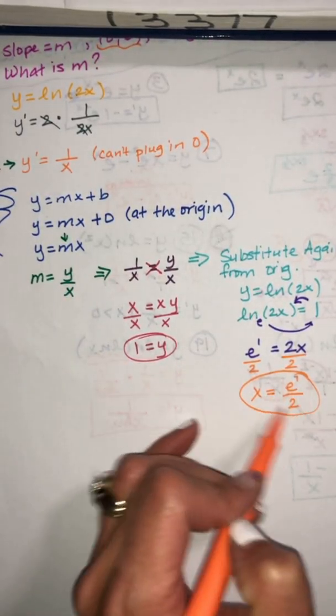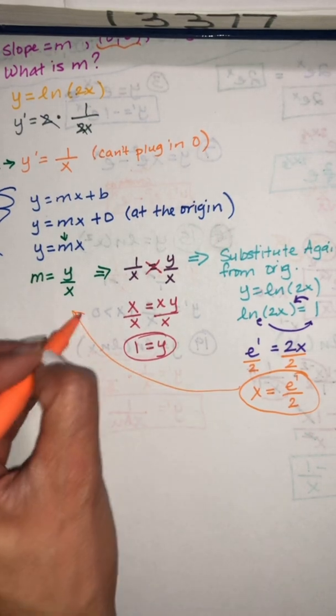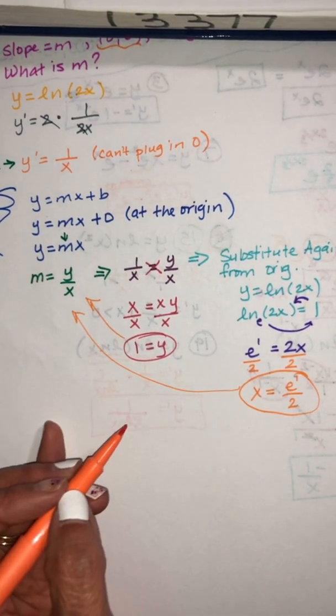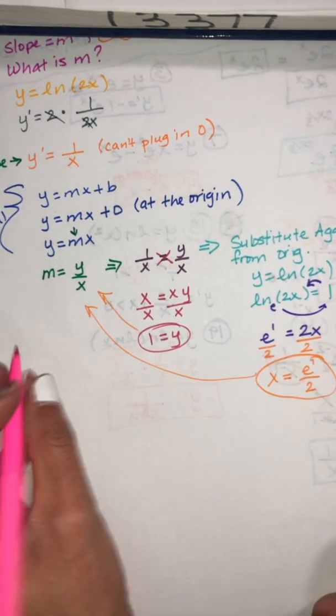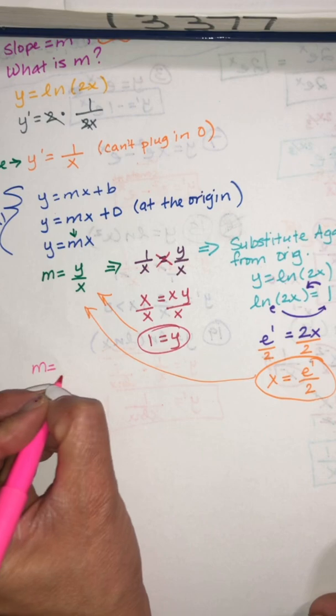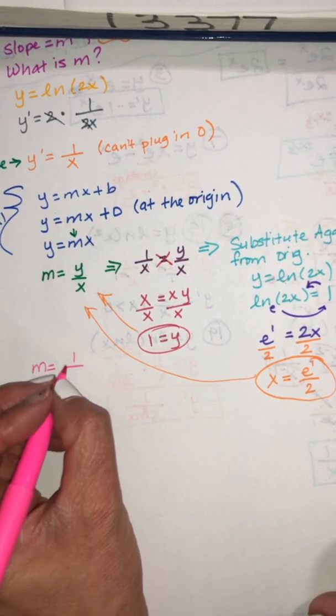That's going to be a decimal, and that's okay. But now I have an x value and a y value, and we can plug these in and find the slope. It's going to be beautiful. So m equals, the y value is 1, over the x value, e over 2.